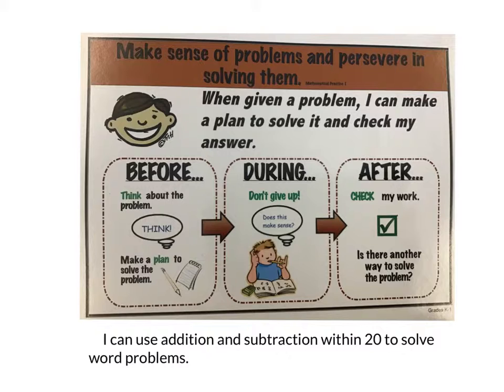Our learning target is, I can use addition and subtraction within 20 to solve word problems. Please continue to the next slide as I model how to use our graphic organizer we've been using to solve several word problems.